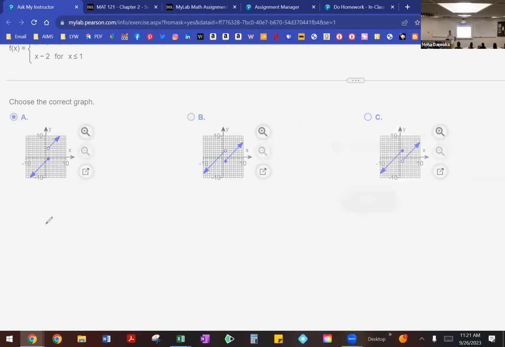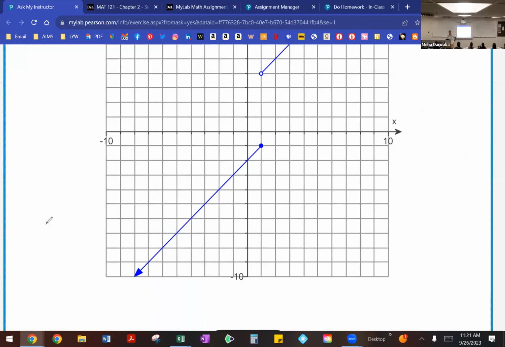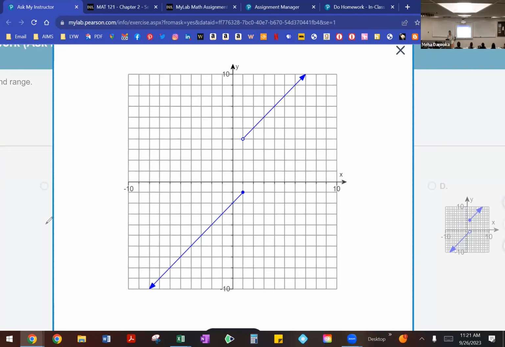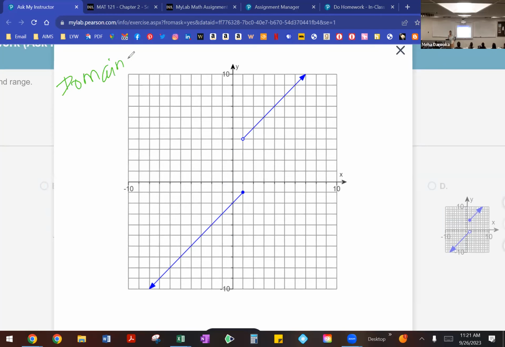Now, let's talk about domain and range. So this is our graph. What will be the domain for this one? Now, again, remember, domain is what x values we can use in the function. So how would we define the domain for this function?